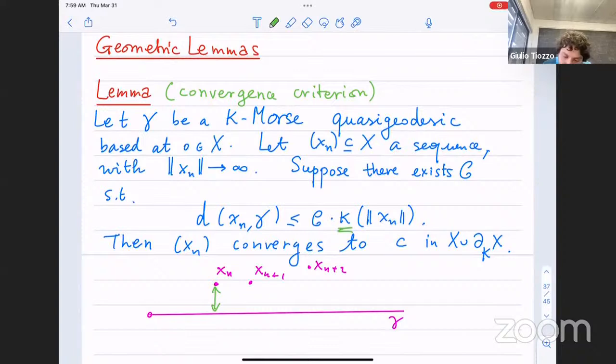Well, with respect to the norm of x_n, which, remember, is the distance from the origin.